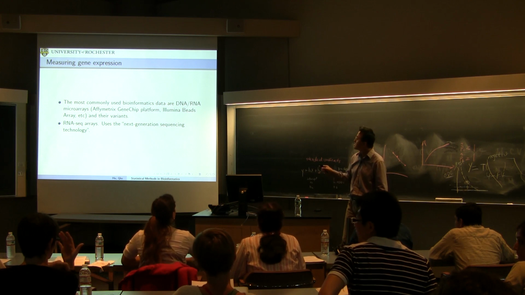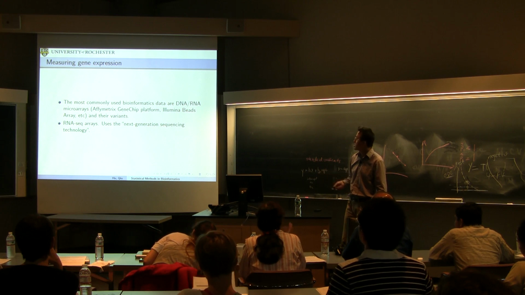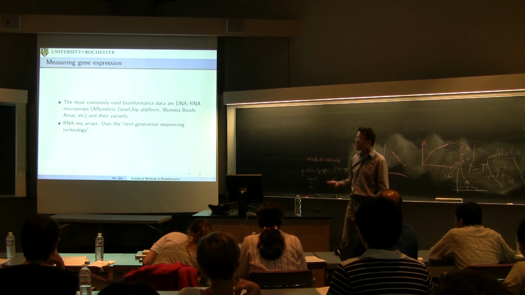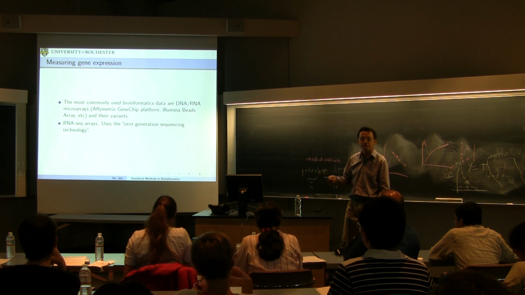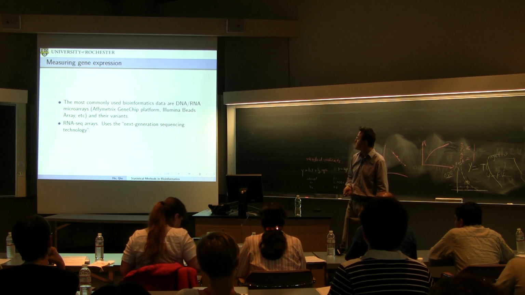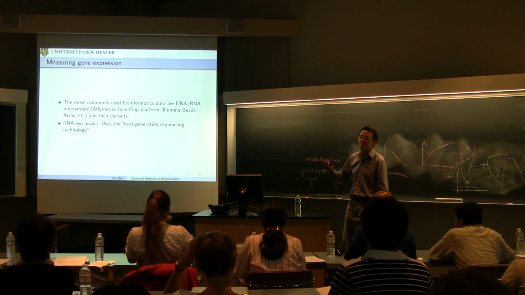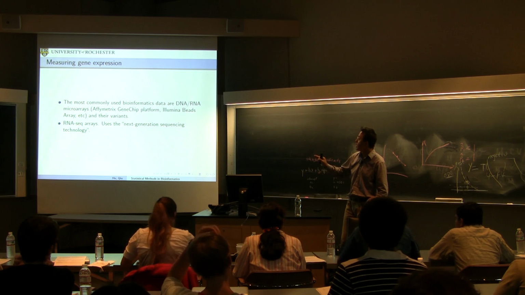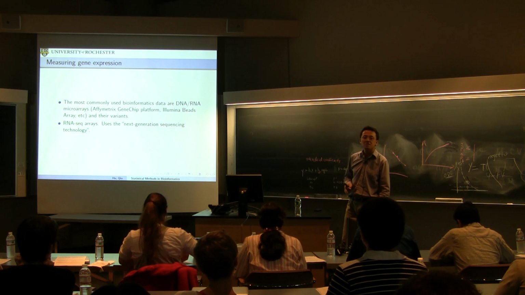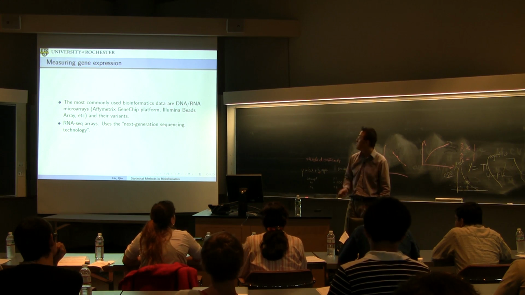In recent years, the so-called next generation sequencing technology, a pretty new technology, provides better measurement in terms of downstream testing power. In this talk, I will still focus on the microarray part, but later on, if you happen to have RNA-seq data, next generation sequencing data, you can still apply similar methods with a little bit of adjustment.